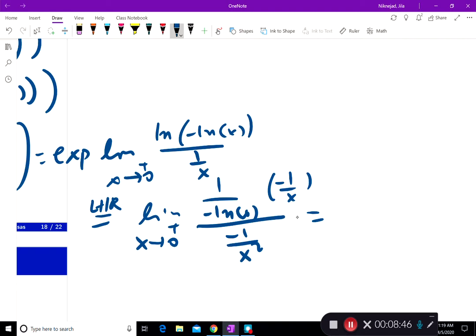Now, after simplifying, because I don't want to do another L'Hopital's rule with a lot of functions sitting there, I simplify it one more time, and what I end up with is x over natural log of x. As x approaches 0, oh, there is something missing. Exponential is missing.